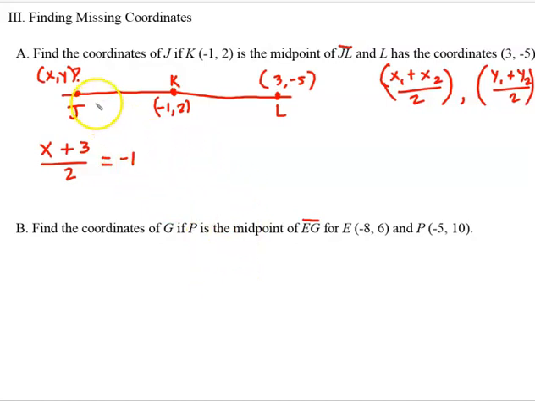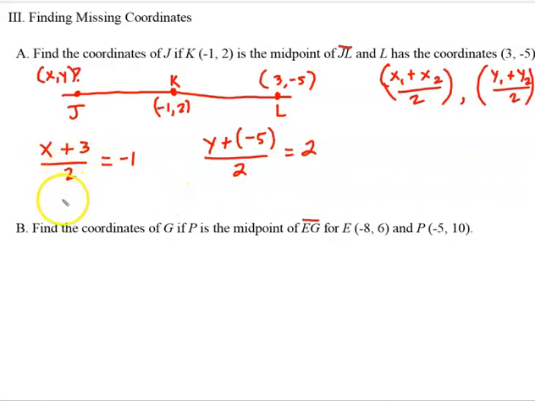And now we'll set up the same thing for the y-coordinate of the midpoint. So the y-coordinate of J added to the y-coordinate of L divided by 2 should give us the y-coordinate for K because it is the midpoint. All right, so using a little bit of algebra, this is an equation where we're trying to solve for x.